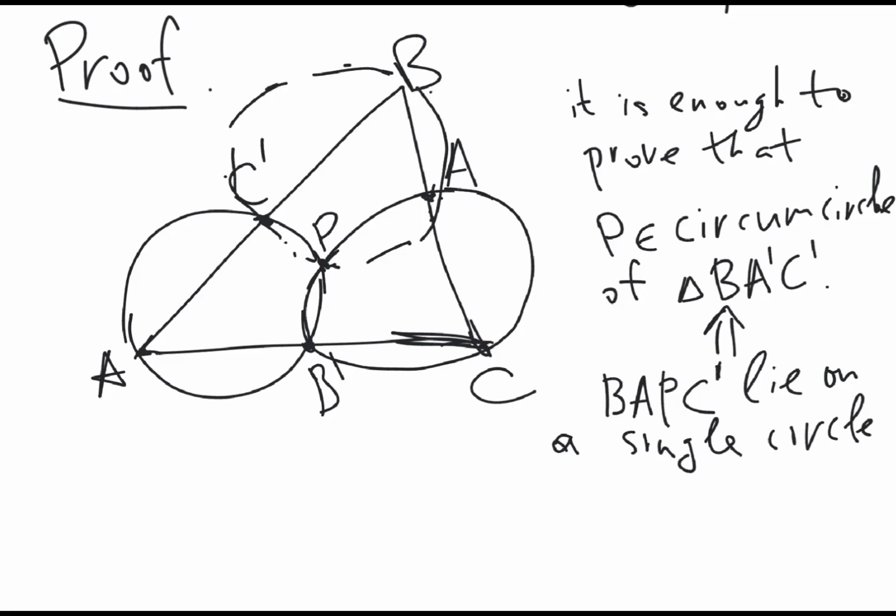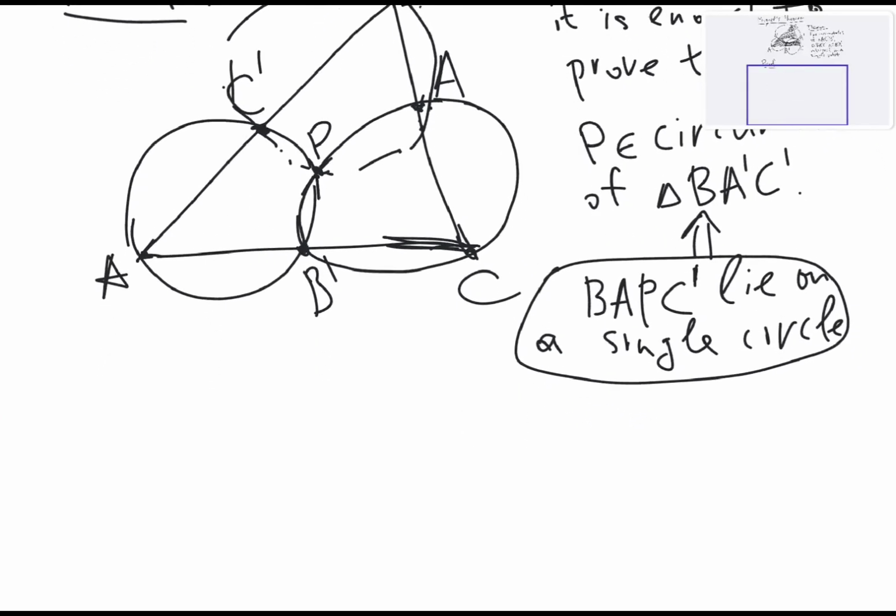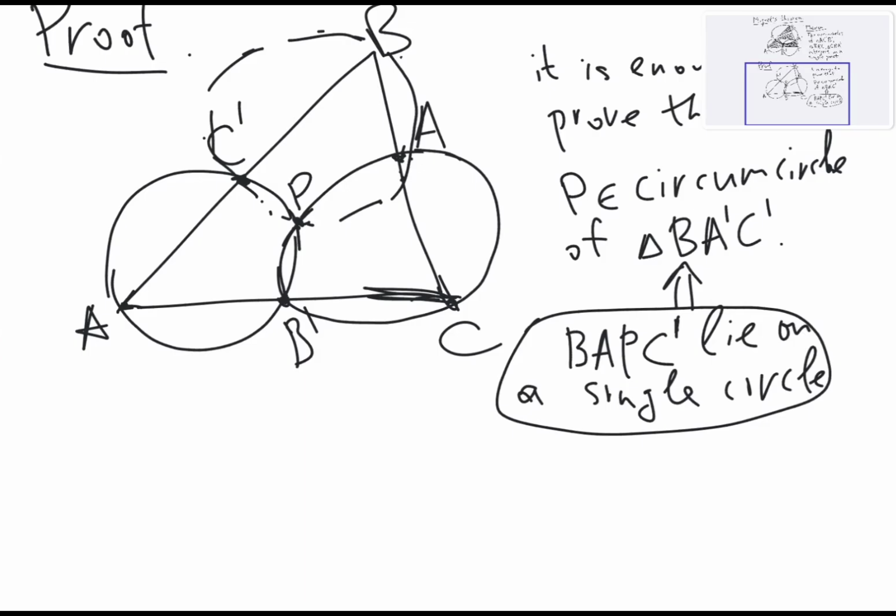So then it is enough to prove this, and further this can be restated as the fact that the points B, A, P, C prime lie on a single circle.